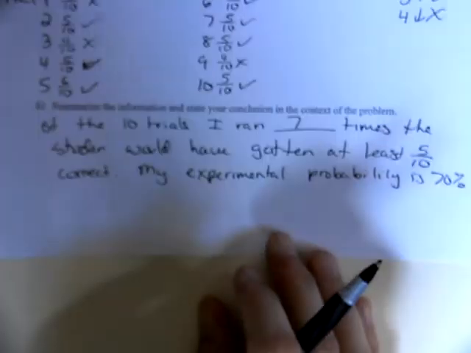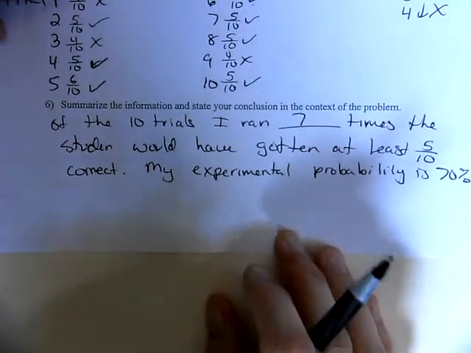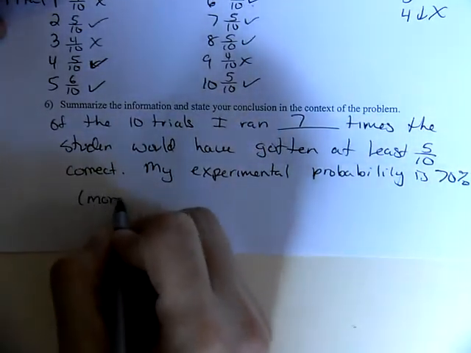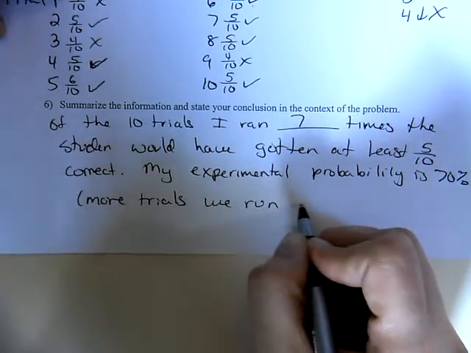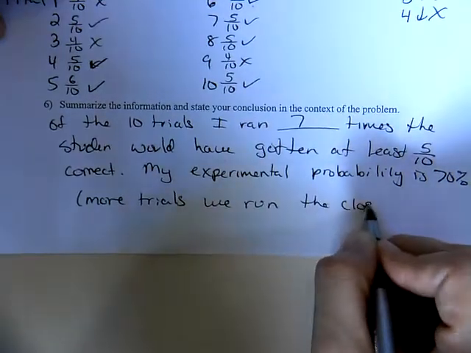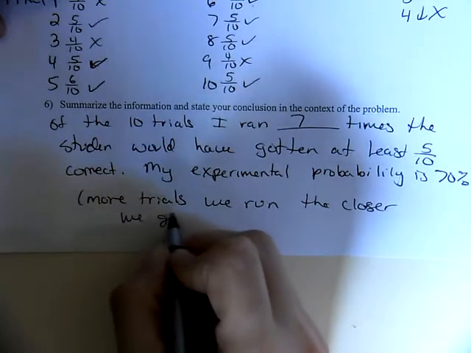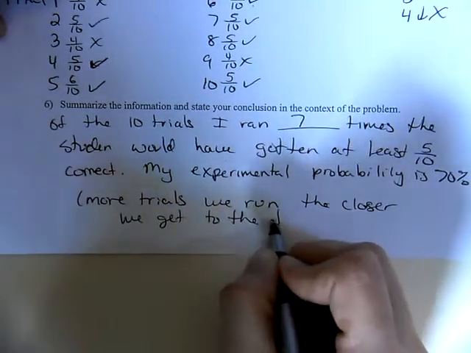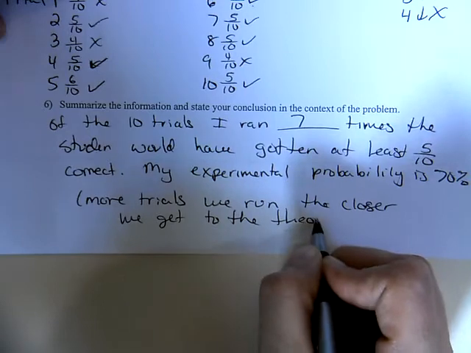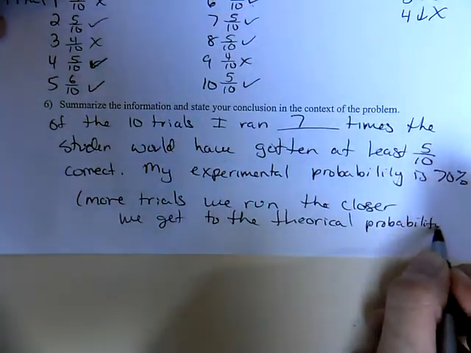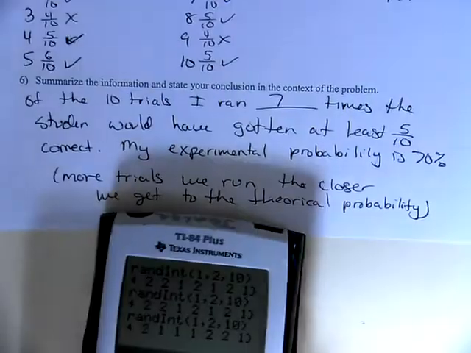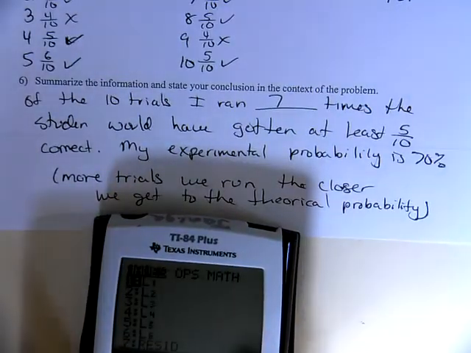Okay. Now, it's going to be different for each student for each simulation. But what should happen if I combine them all is the more trials we run, the closer we get to the theoretical probability, which we'll learn about in chapter 7.